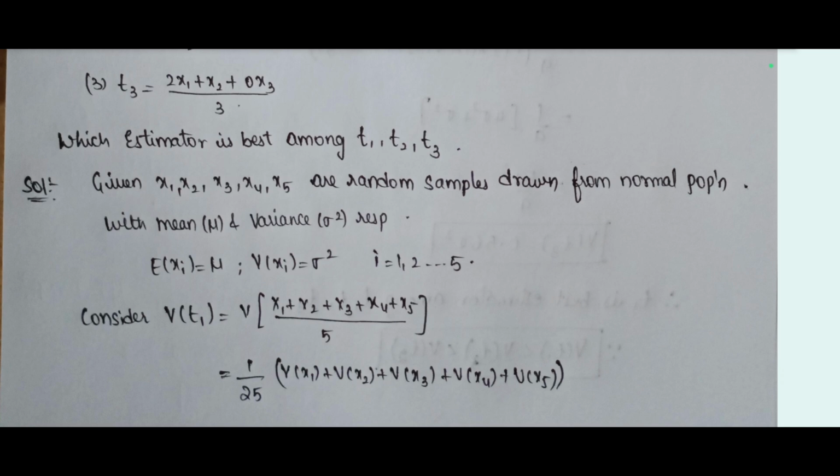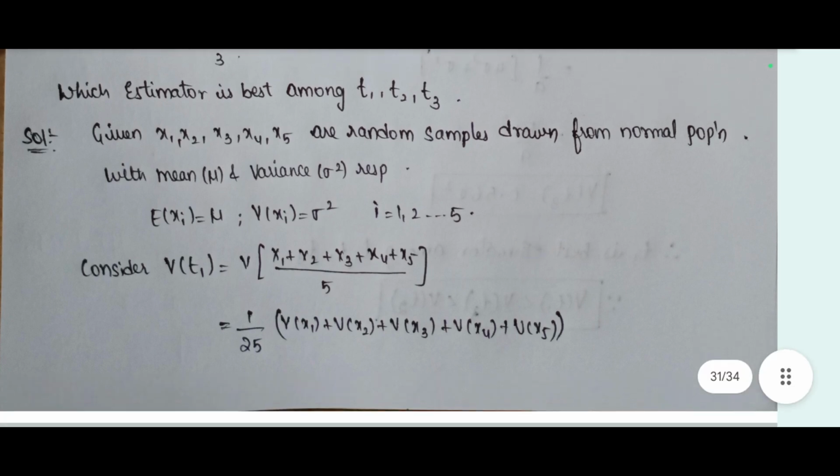Given that the observations x1, x2, x3, x4 and x5 are random samples drawn from the normal population with mean mu and variance sigma square respectively. We apply the variance to T1. First, the constant comes outside the variance, so 5 becomes 1 divided by 25, that is, its square.